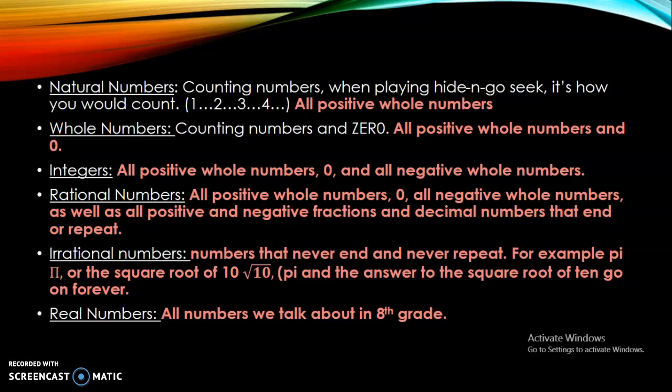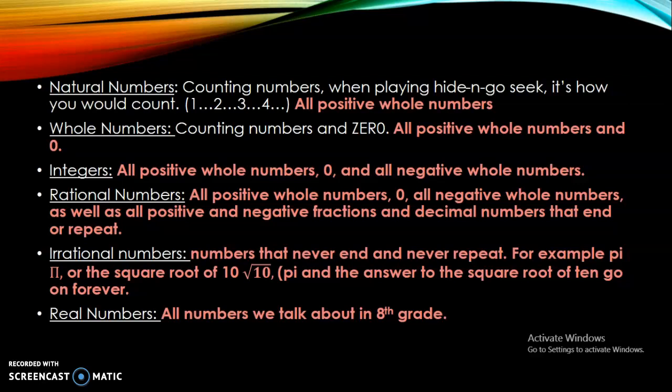Even the weird ones like 4.99999 repeating, as long as it repeats, it's rational. Remember at the beginning of school, we talked about how a denominator of 9 makes things repeat. For example, 3/9 would be 0.333333 repeating. That's a fraction and a decimal that repeats. So those are rational numbers.